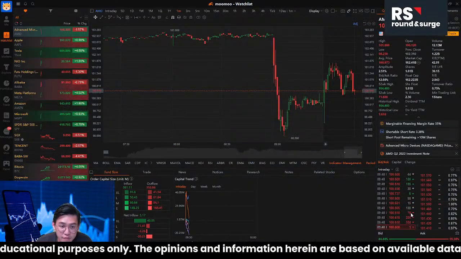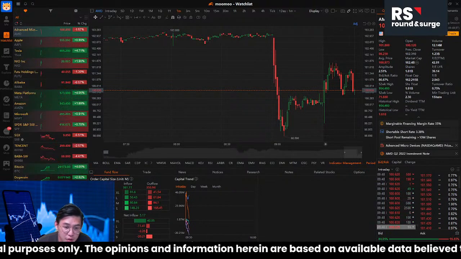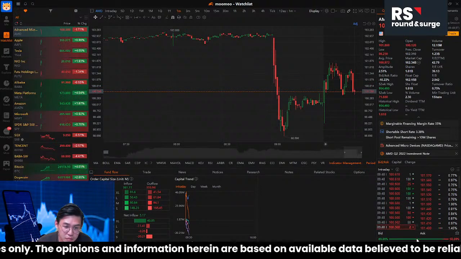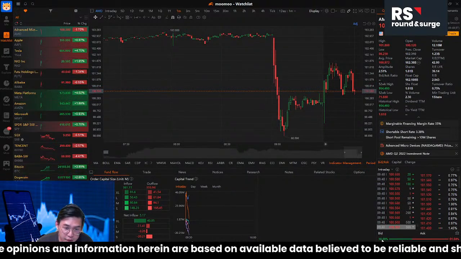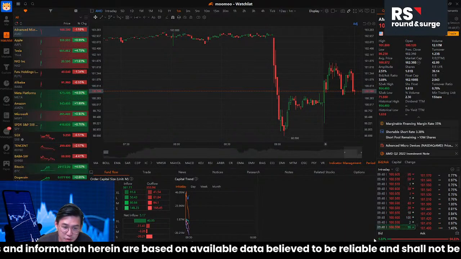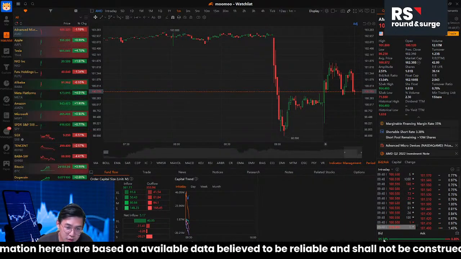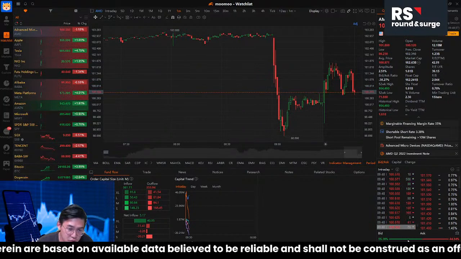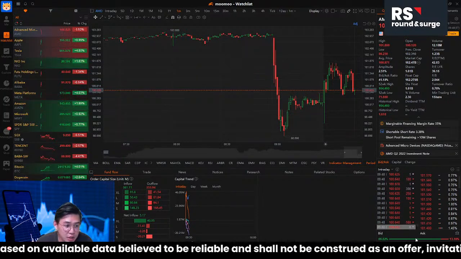Tickers, yes, they have the tickers over here, which is great. I need to find out this over here, the bid ask, why sometimes down, sometimes up like this. So what is the meaning behind this?